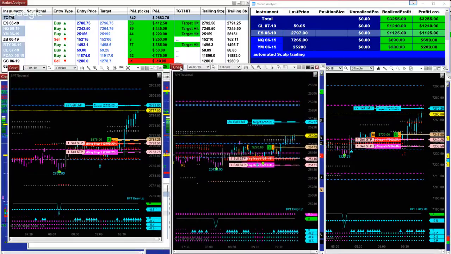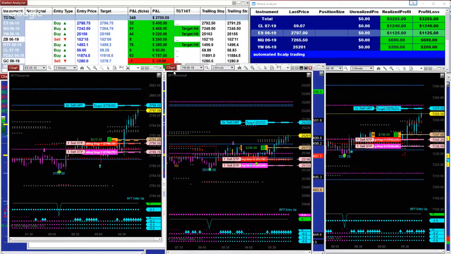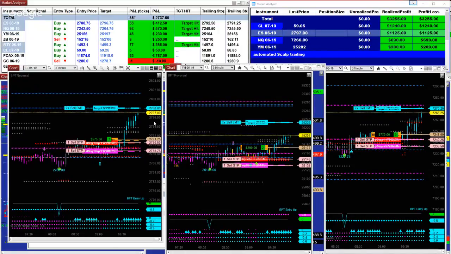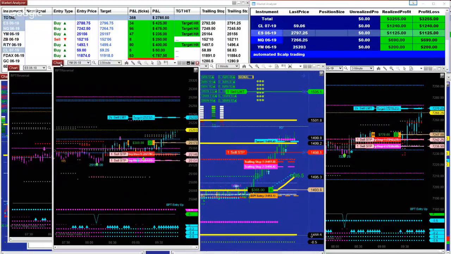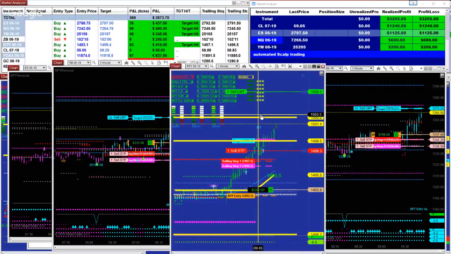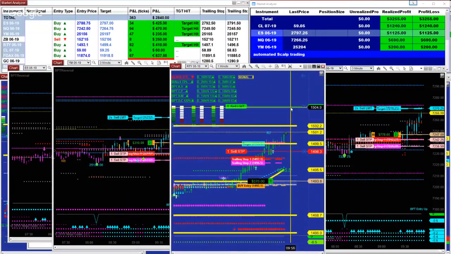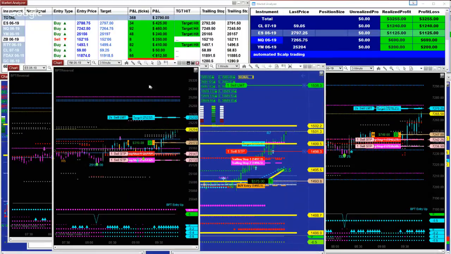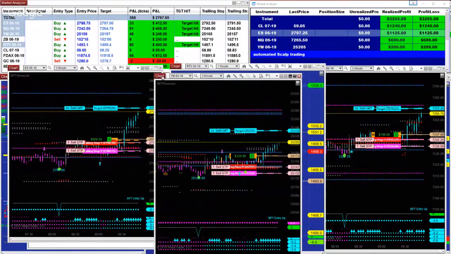It keeps climbing, and we are about to hit the target. It is climbing. That's it. So the most important thing is the prediction.